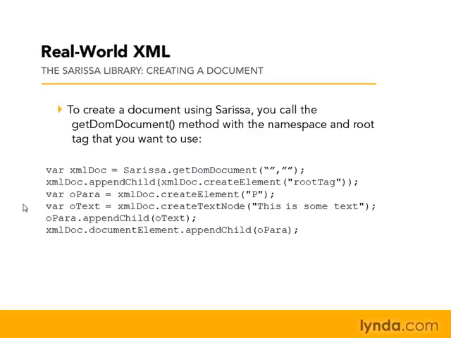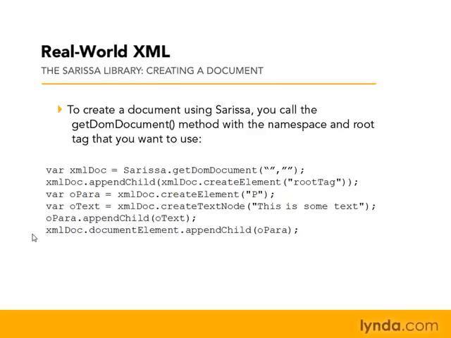So what Sarissa does is it creates an XML document that's native to the browser that you're in. But the way that it creates the document is cross-browser. And the reason why this works well is because recall that the DOM API for manipulating XML content once you have a document is the same in both browsers. So once we have the document instantiated using this line, the rest of the code is cross-browser just by its very nature.